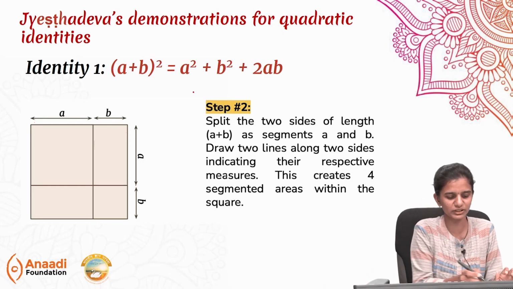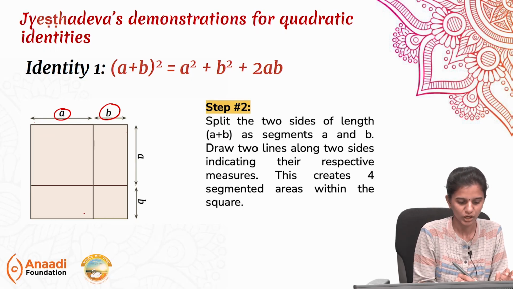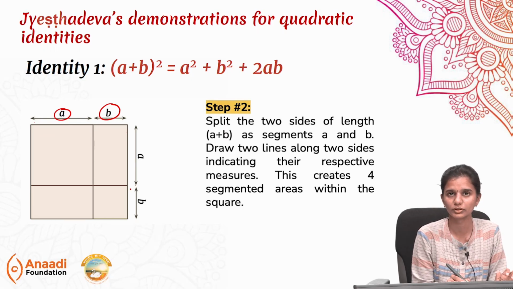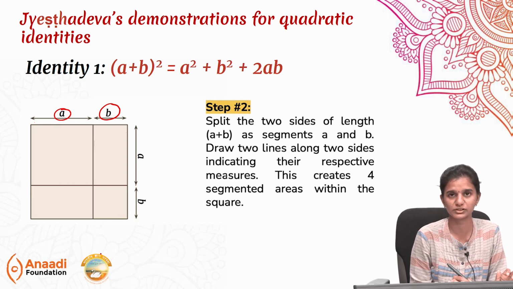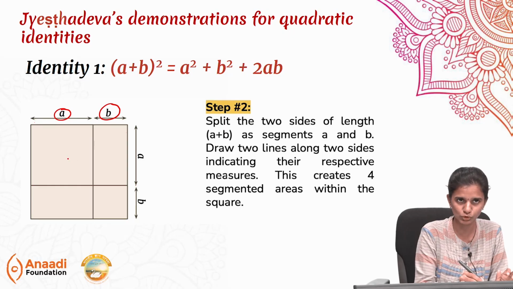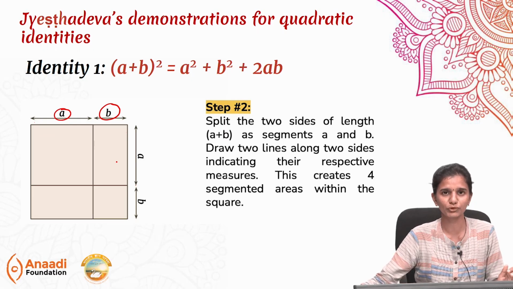So this will be the length a and this will be the length b, and then we draw 2 lines along the sides. So we have got 4 segmented areas, that is 2 squares and 2 rectangles. Now let us try to find the area of these 4 figures.